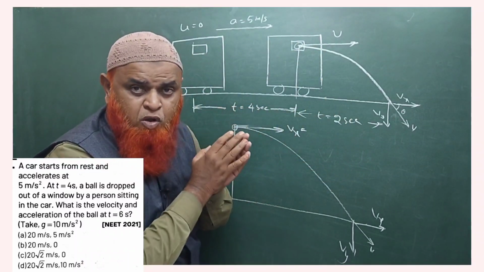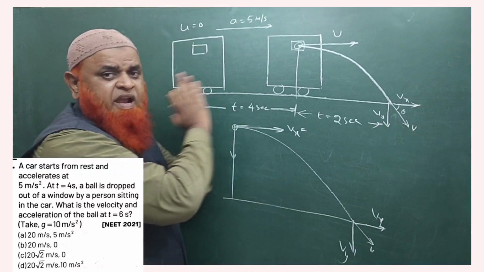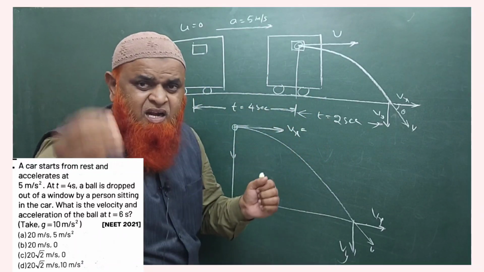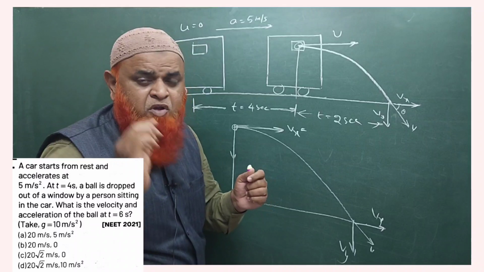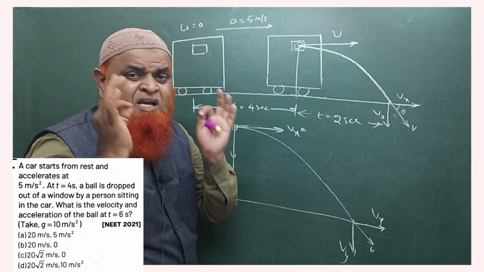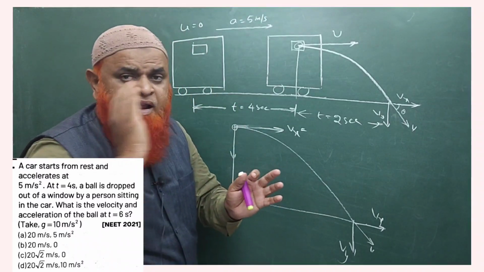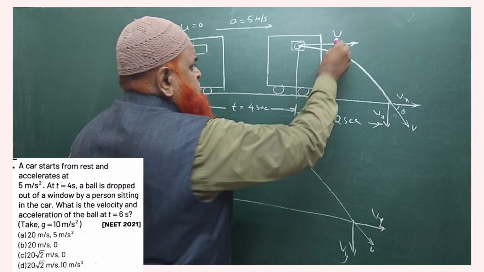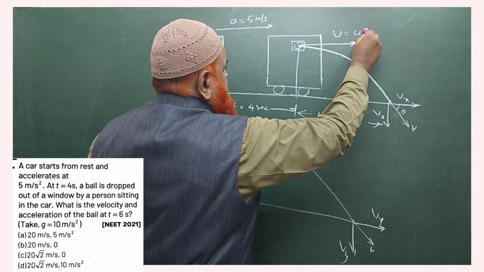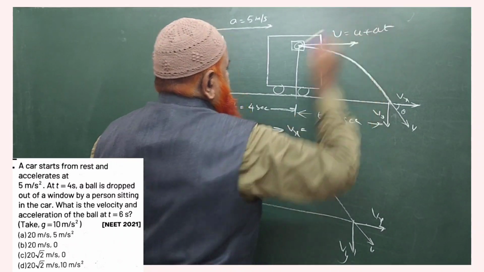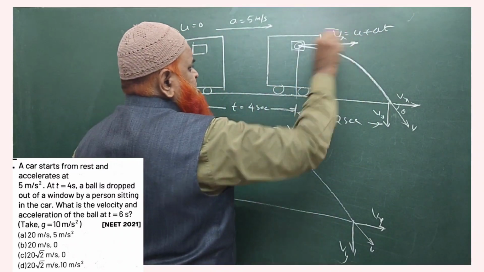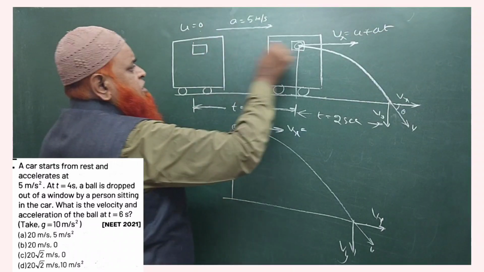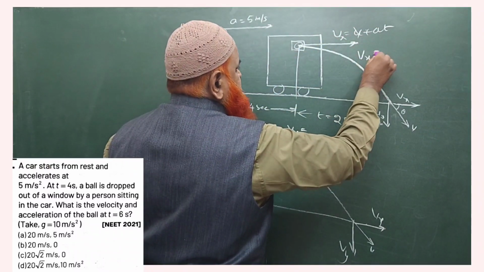The velocity gained by the car will be exactly equal to the horizontal velocity of the ball, because once he throws the ball from a moving car, it falls downwards with an initial velocity equal to the velocity of the car. So the velocity of the car is u plus a into t. That is considered as horizontal velocity. u is going to be 0 and Vx is going to be a t.